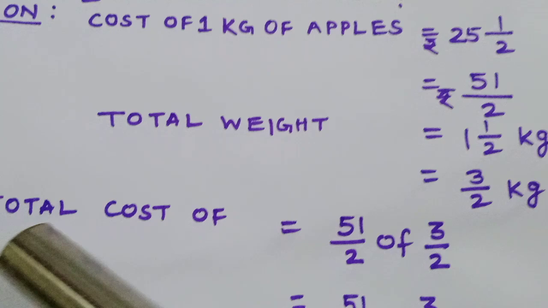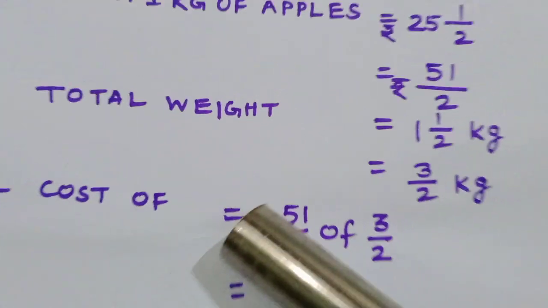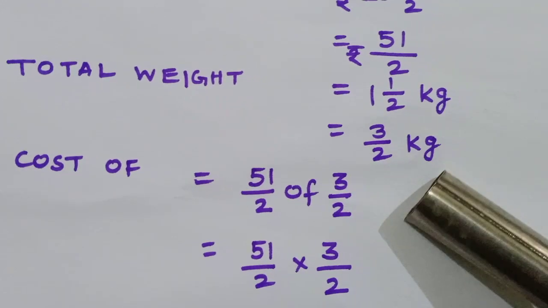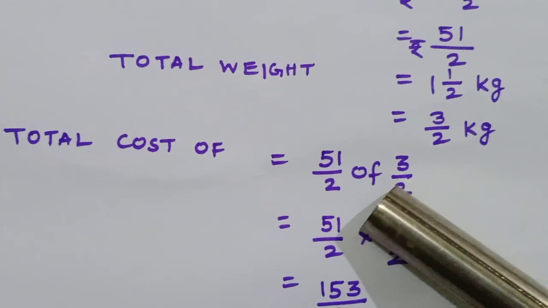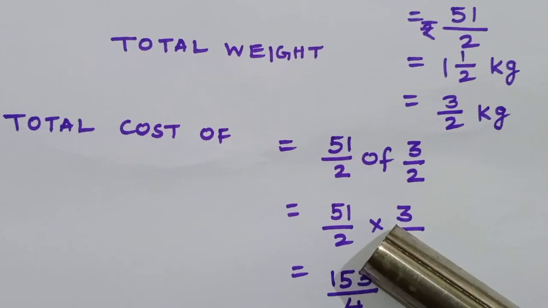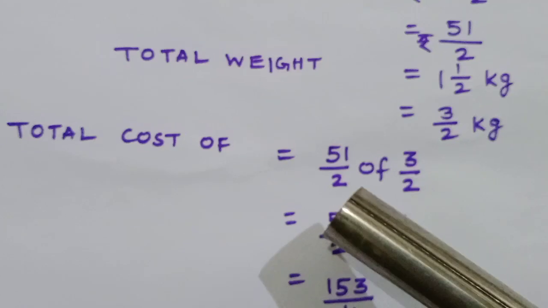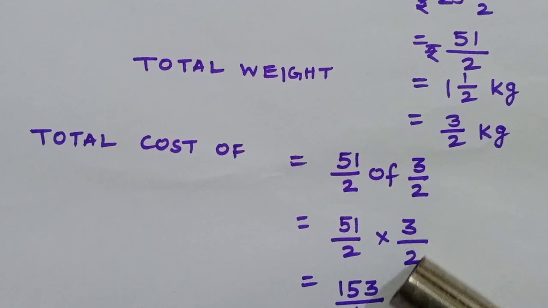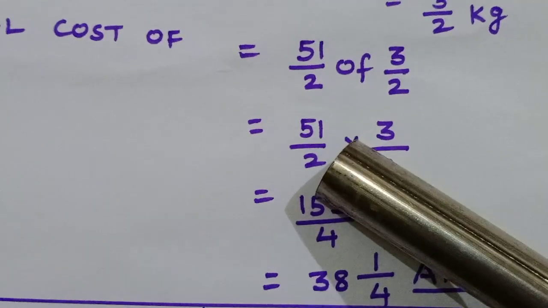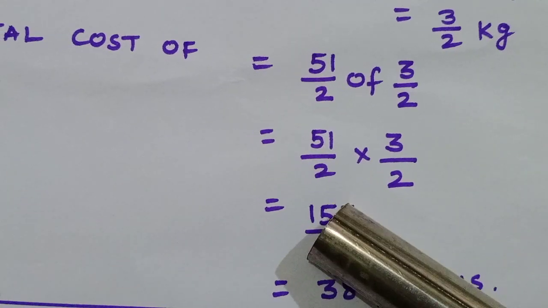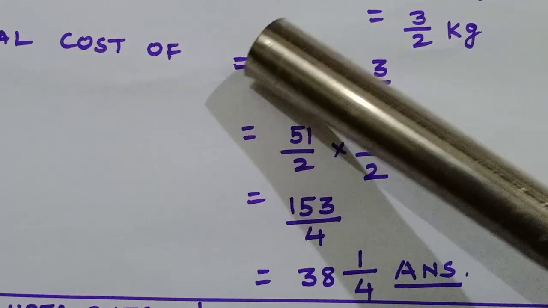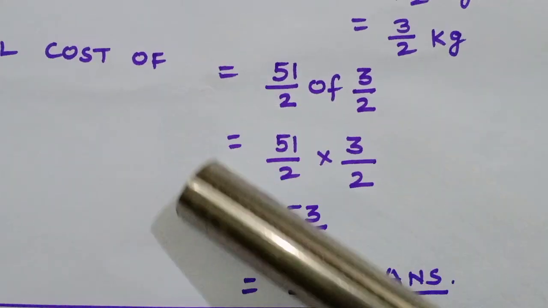So what will be the total cost now, students? Again 51/2 of 3/2 kg. Of means multiplication. So we'll put the sign of multiplication. 51/2 into 3/2. So we will multiply numerator. 51 into 3 is equal to 153. 2 twos are 4. Equal to signs are like this.